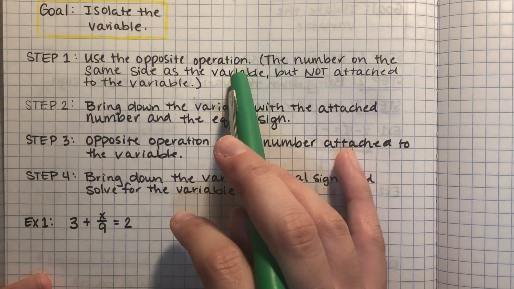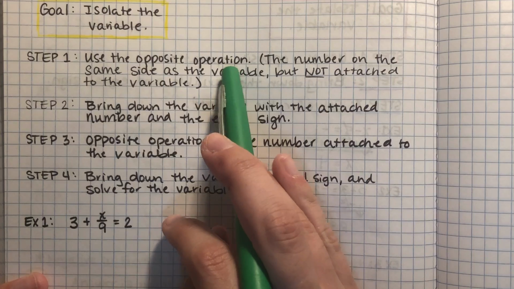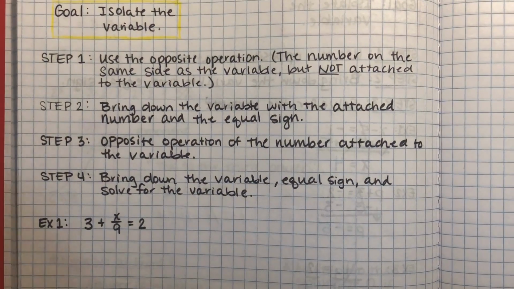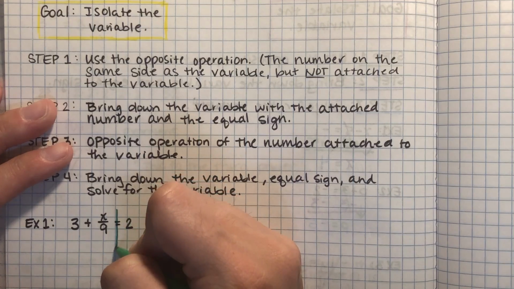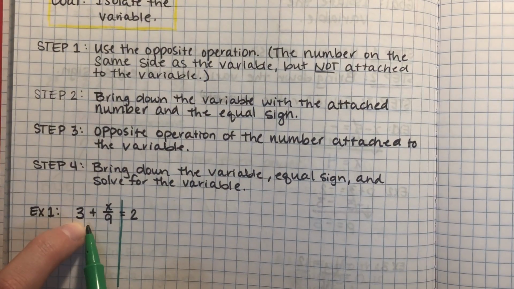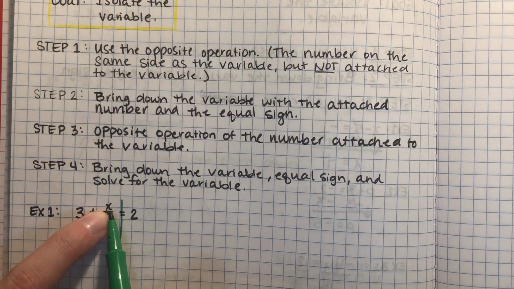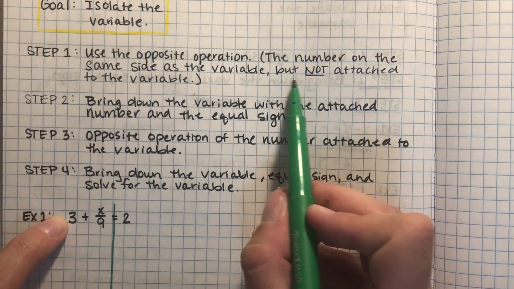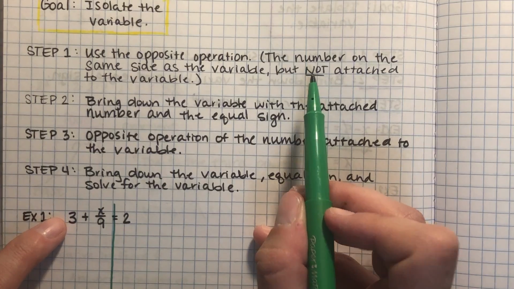All right, so our first step tells us that we need to use the opposite operation. This is going to be on the same side as our variable. So if we were to split this through the equal sign, our variable is here, so it's either 3 or 9, but it's the one that's not attached to the variable.